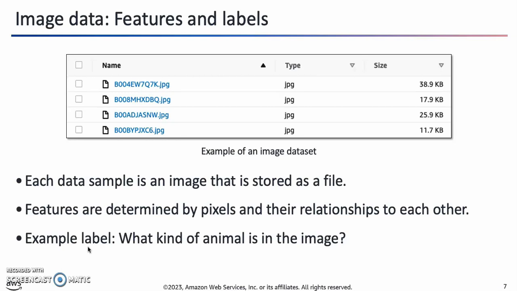There are other extensions, but just to make an association here, each data sample would represent an image that's stored as a file. Here there are features also. The features are going to relate to the pixels and any relationships the pixels may have with one another. And the label for this type of data may be what is the main shape that's stored there.